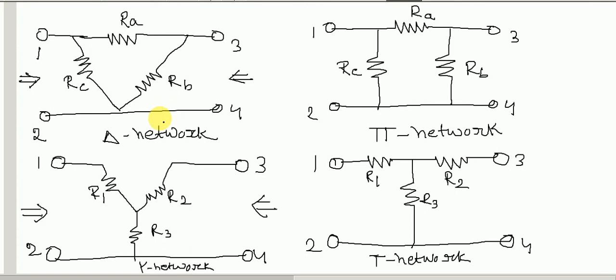So let us try to keep it simple and name the figures. This is figure 1 and this is figure 2. So from figure 1, let us try to find R12.